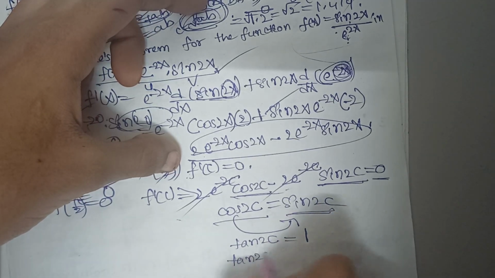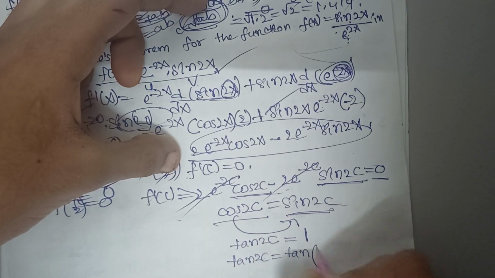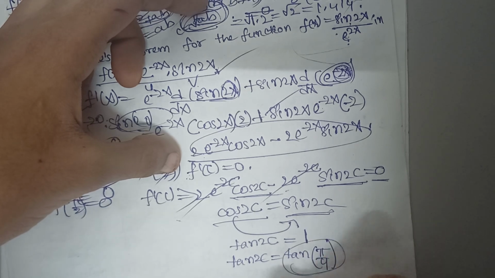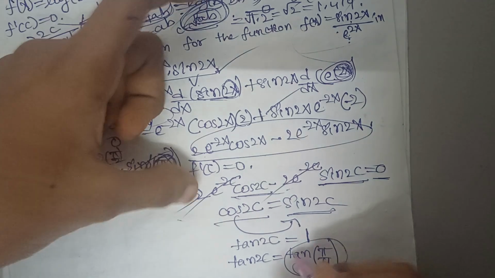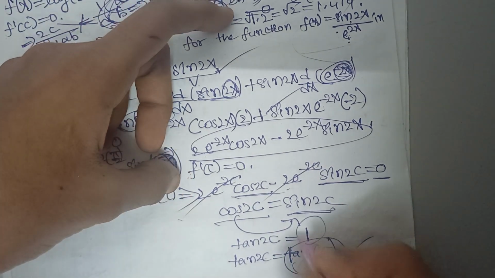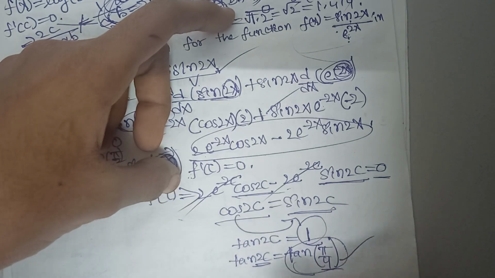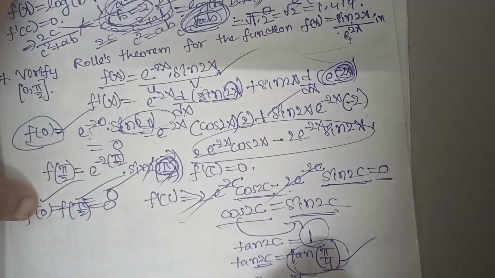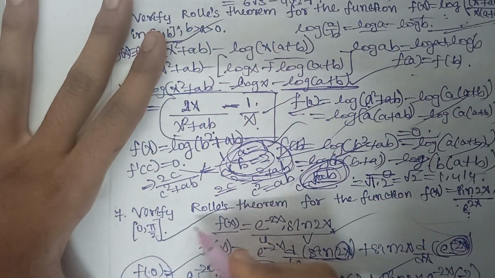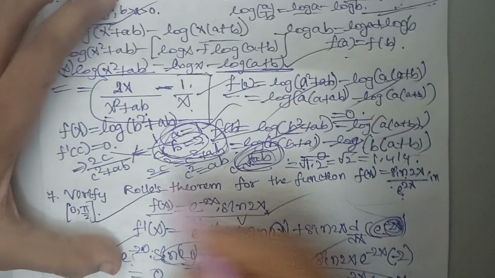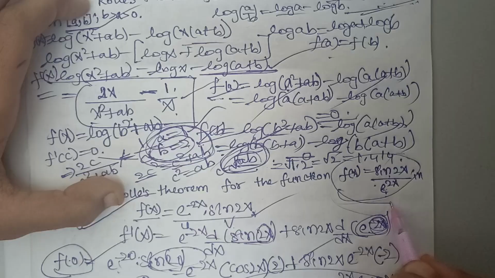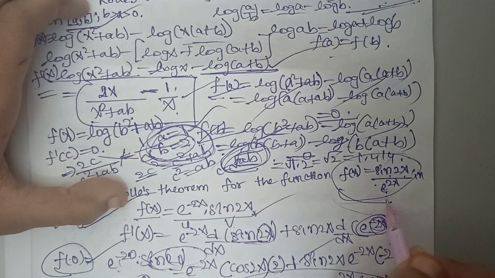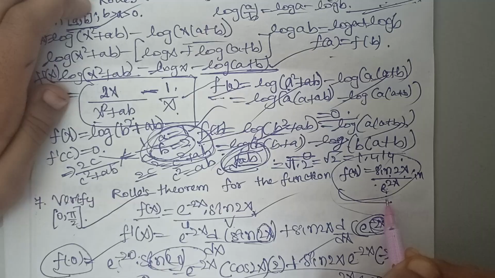We know that at theta equal to pi by 4, tan pi by 4, you'll get the value of 1, right? So on comparing, you get 2c is equal to pi by 4, c is equal to pi by 8, which is in the interval 0 comma pi by 2. So this Rolle's theorem is again satisfied for the function f of x is equal to sin 2x by e power 2x. And now let us go through our last question of this topic.